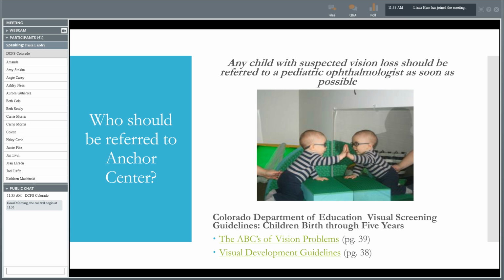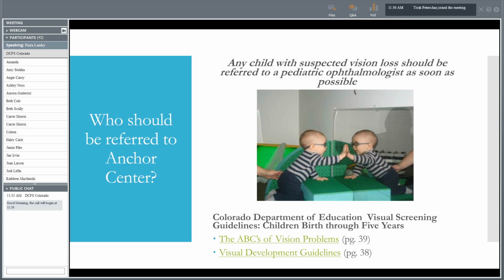But that is always the first step, mostly because there can be eye conditions in the back of the eye that just can't be seen, such as retinoblastoma, which is a form of eye cancer. While it's rare, it's something that obviously we want to catch as soon as possible. So for any types of vision problems, the first thing would be to refer to the pediatric ophthalmologist.